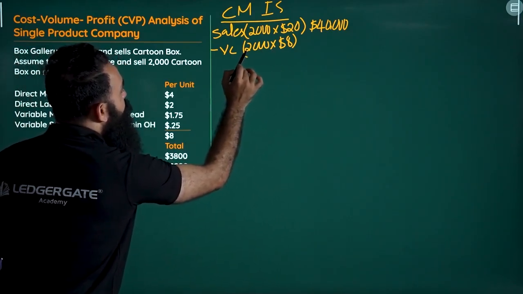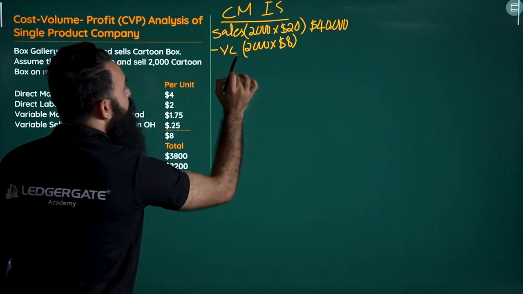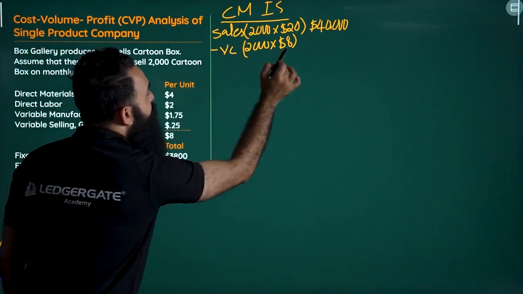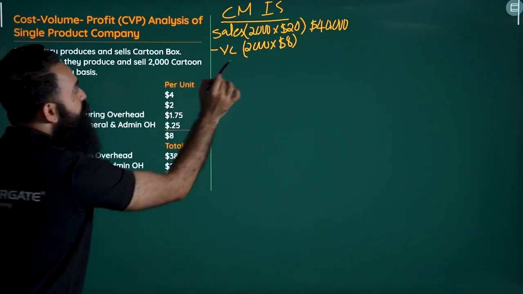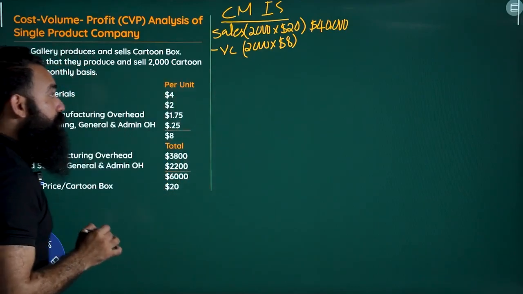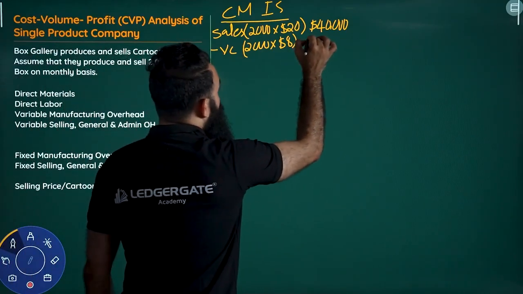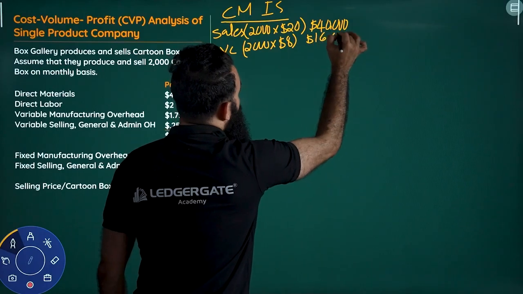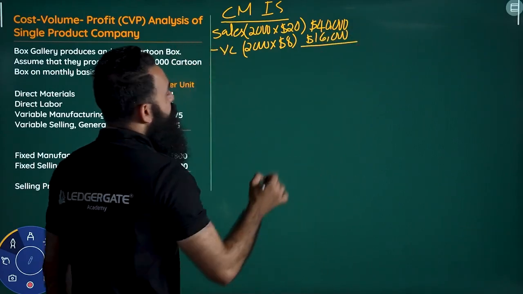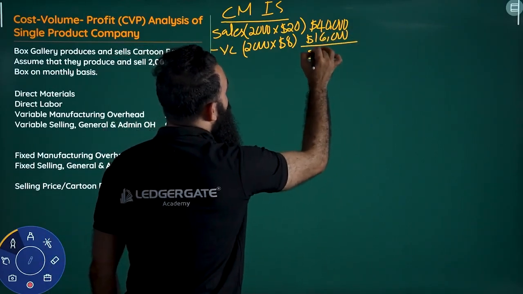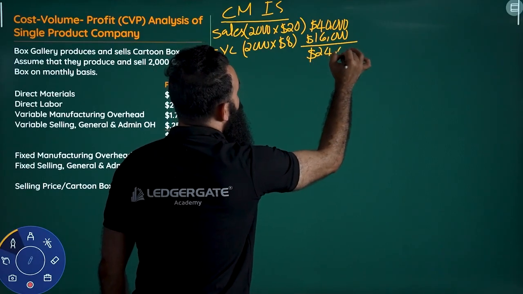If you are selling 1 unit, 1 into 8 will be our total variable cost. If you are selling 2 units, 2 into $8 will be our variable cost. If you are selling 2000 units, it will be 2000 into $8, which is $16,000, right? From $40,000, deduct $16,000, it would be $24,000.